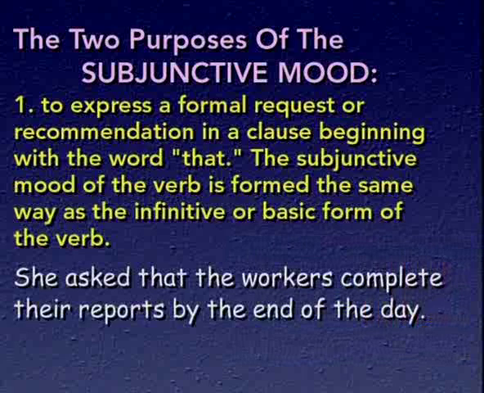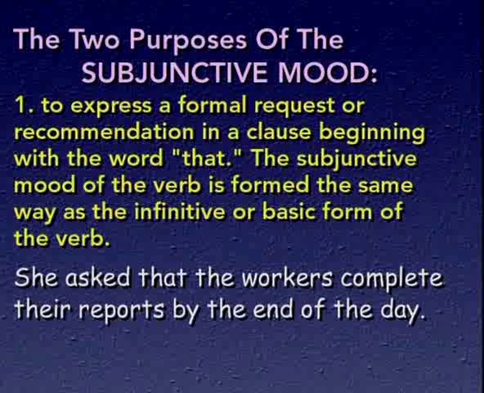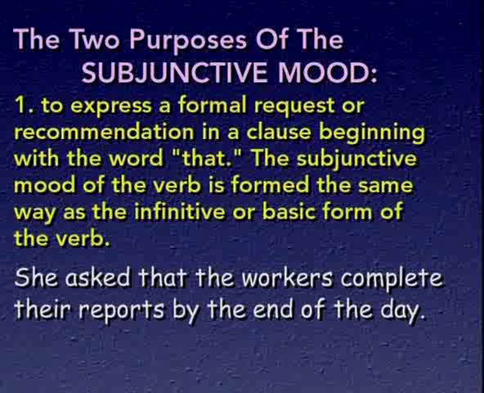She asked that the workers complete their reports by the end of the day. Now, this sentence, you'll notice, is expressing a formal request or recommendation. She, whoever she is, perhaps she's the boss in this particular company, she is asking that the workers do something. So she is expressing a request or a recommendation.